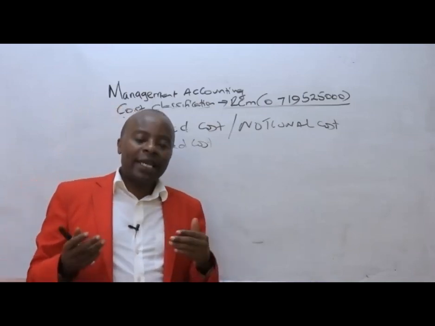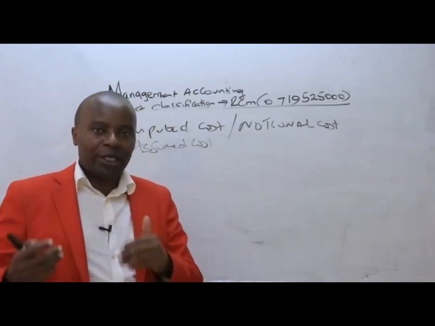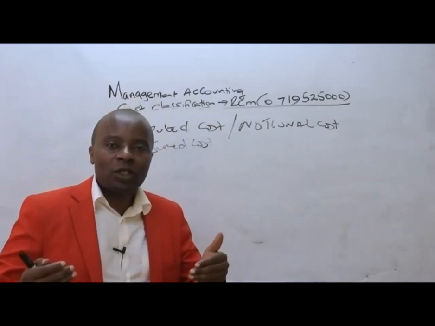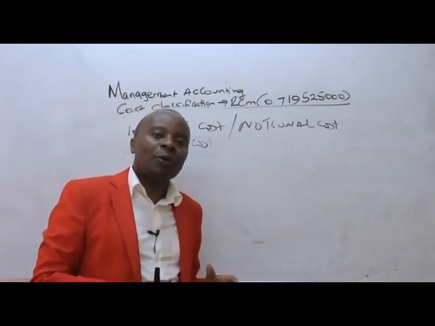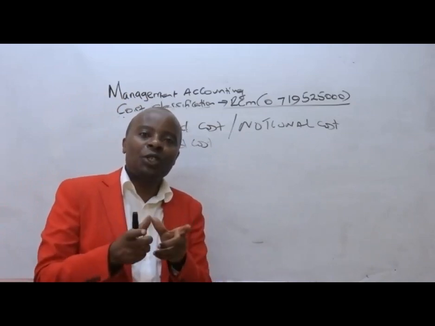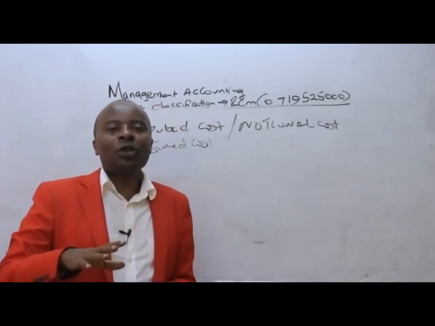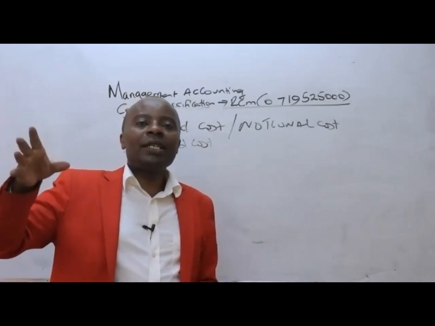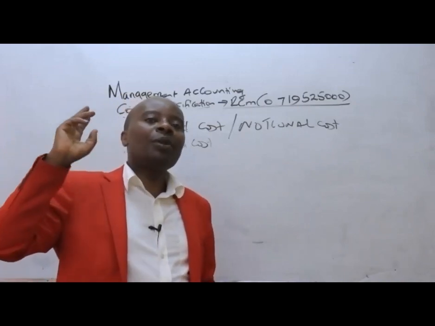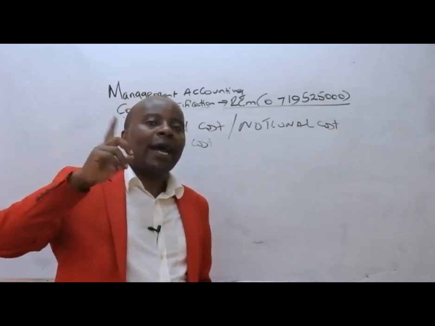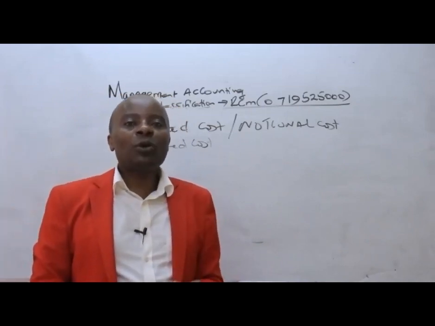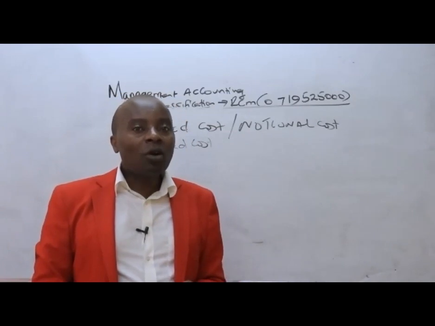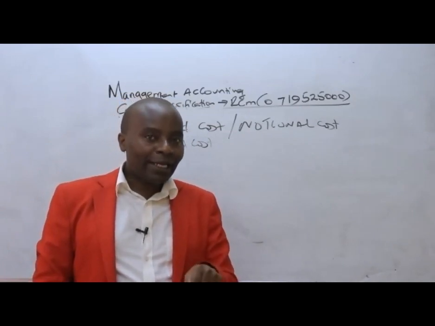And of course, the essence of you imputing, the essence of you assuming some costs in your business, is for purposes of creating provisions so that you don't go out there generating an income which seems to be so high, which you go ahead and share with your shareholders, disregarding the importance of the current status.